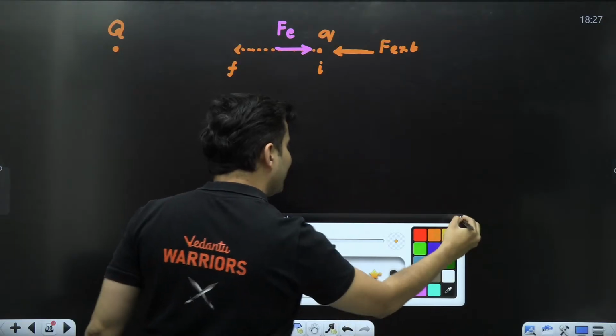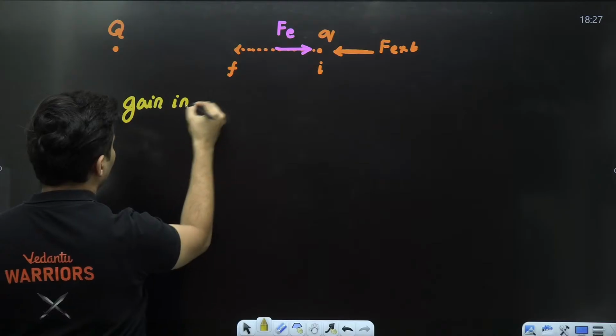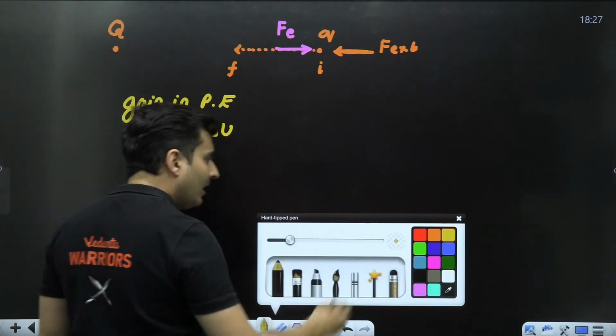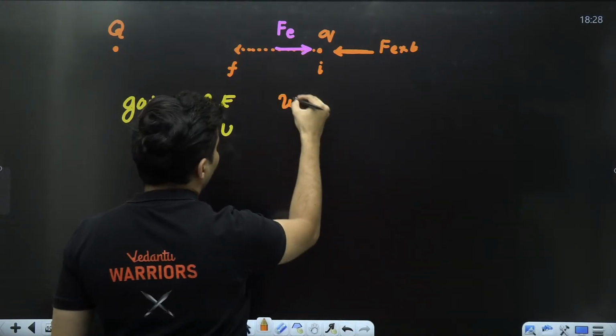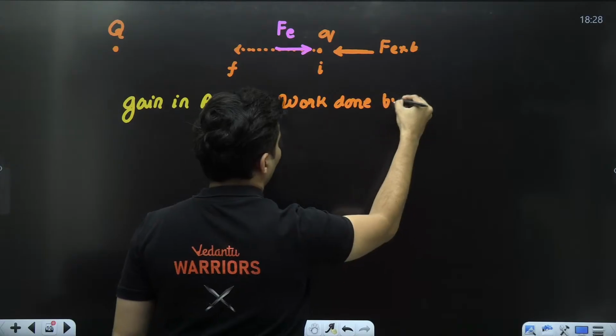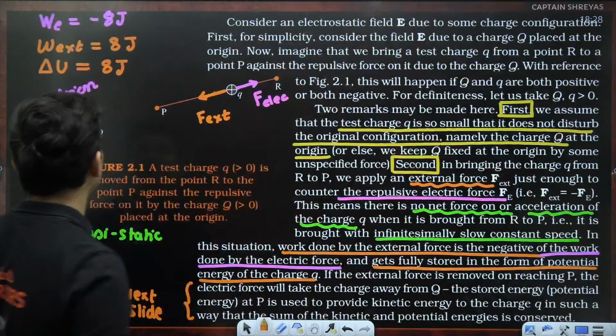Now, whatever will be the gain in the potential energy, which is basically delta U, will be exactly equal to the work done by our external force. This is something which you have seen here also.